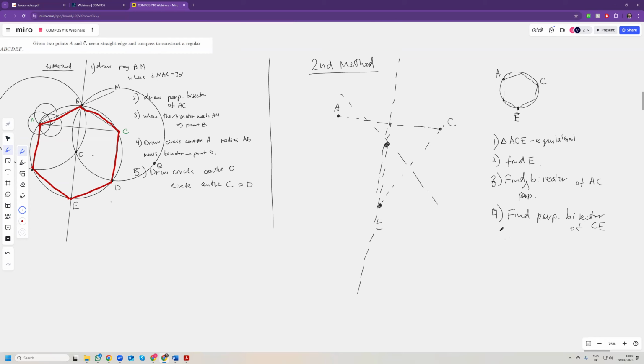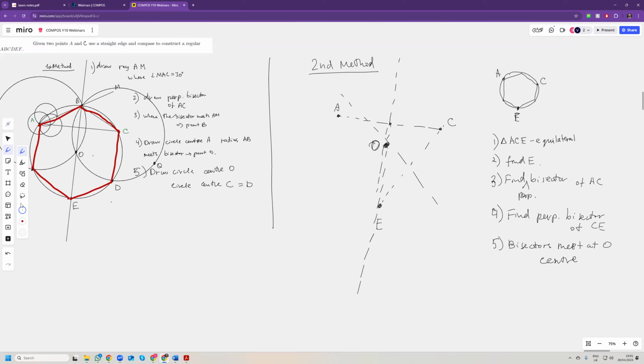So where they meet, that's the center of the circle. The bisectors meet at O, which is the center of the circumscribed circle. So you found point O, and once you've done that, everything else just falls into place.